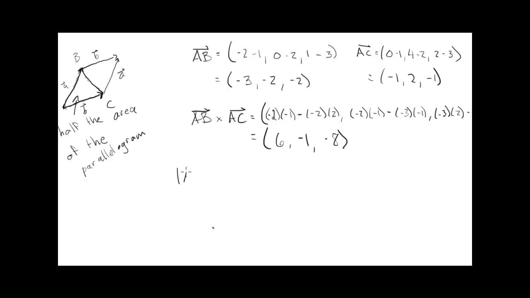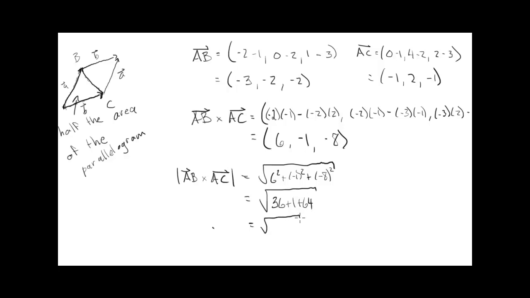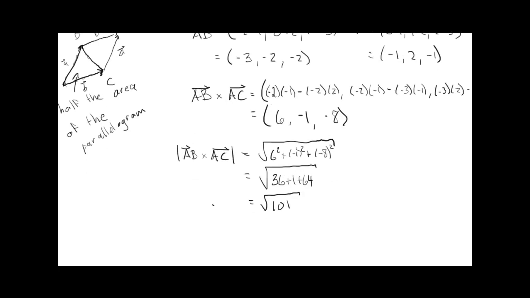So now we'll do the magnitude to get the area of the parallelogram. So 6 squared plus minus 1 squared plus minus 8 squared, 36 plus 1 plus 64 equals the square root of 101. So that's the area of the parallelogram, so the area of the triangle will just be half of this.